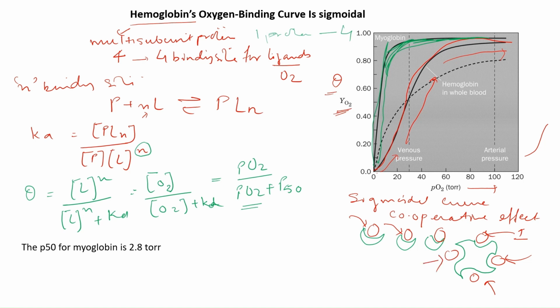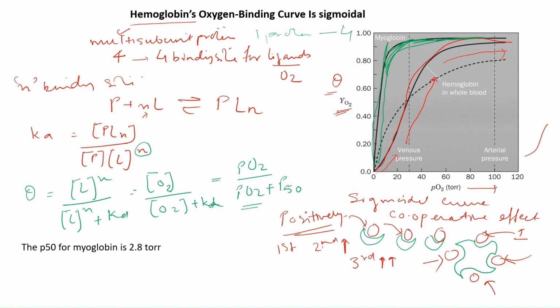And how does it affect? It affects positively. That means the binding of the first ligand will increase the affinity for the binding of the second ligand. The binding of the second ligand will further increase the affinity for the binding of the third ligand. So that is how it works. That type of association or effect is known as the cooperative effect.